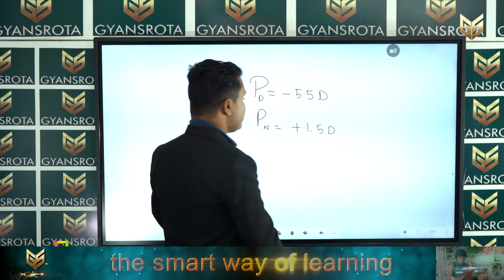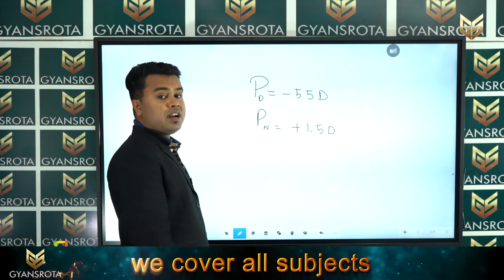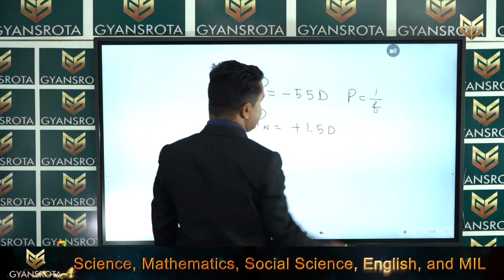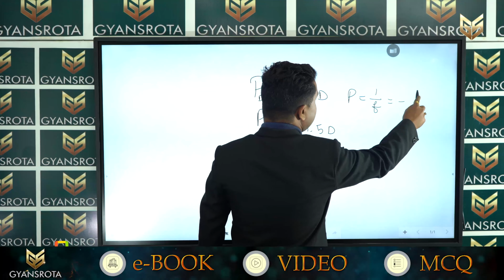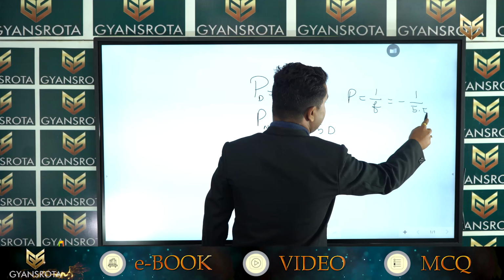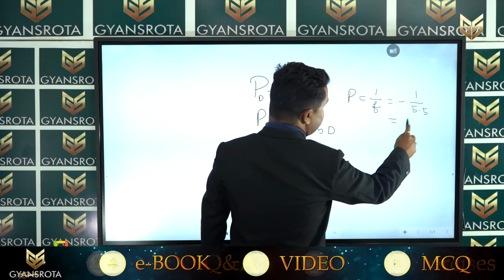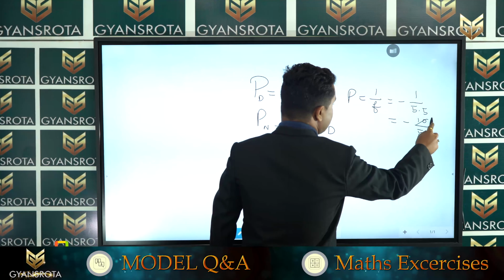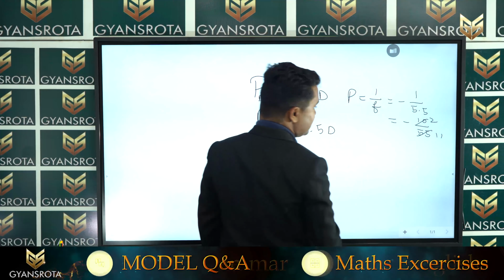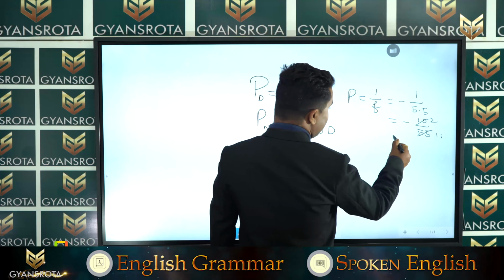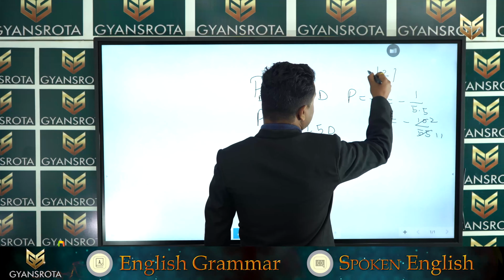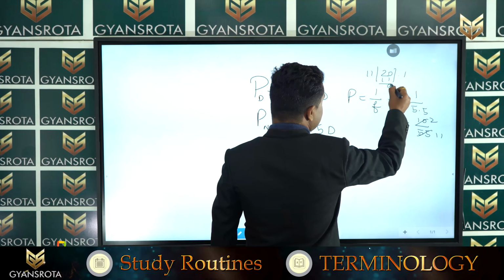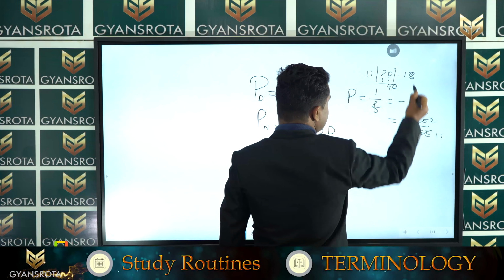Now, what is the focal length of the lens required for correcting distant vision and near vision? So there are two questions, one for distant vision and one for near vision. We know power is equal to 1 by f. So for this one it will be minus 1 by 5.5. If I multiply by 10, it will be 10 divided by 55, that is 2 divided by 11, which is about 0.18.